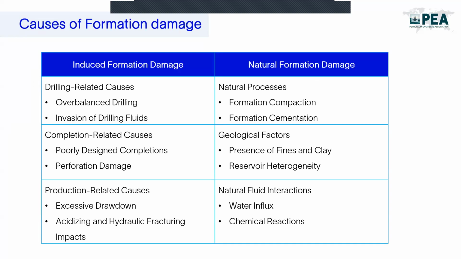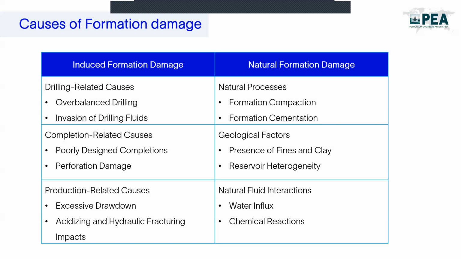So now let's see what the main causes of formation damage are. Formation damage can be broadly categorized into two major causes, if I may say. The first one is what we call induced damage, and the other one is natural formation damage.